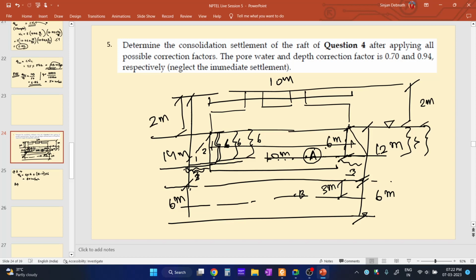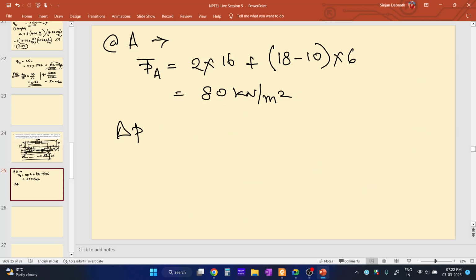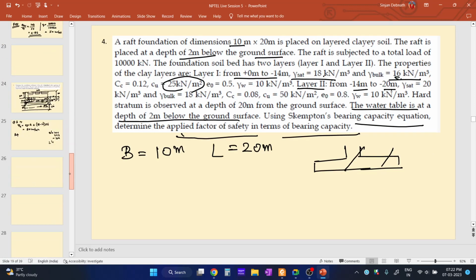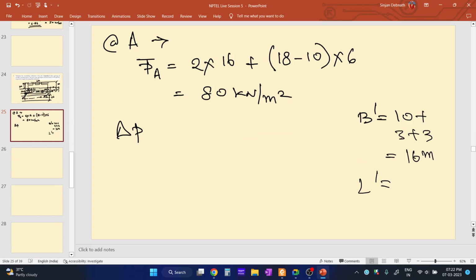So effective breadth will be 10 plus 3 plus 3, that is 16 meter. Same thing in case of length. Initial length was 20 meter, so effective length will be 20 plus 3 plus 3. Am I right? So it will be 26.